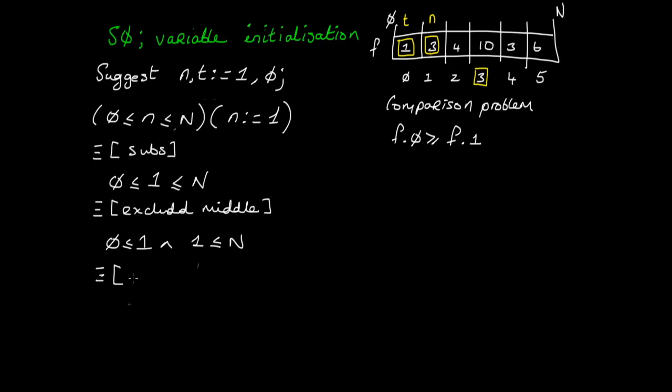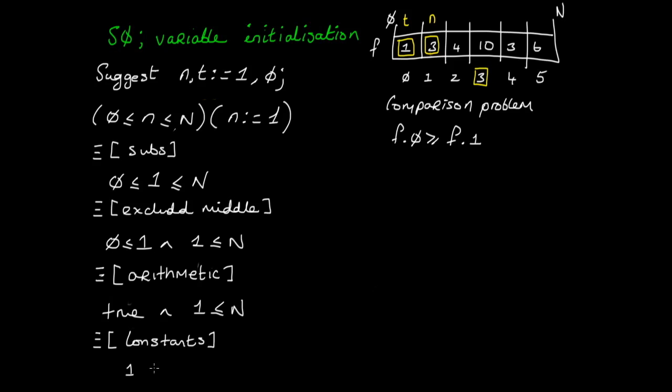Of course, 1 greater than or equal to 0, well, by arithmetic we know that that's true, so that will be true, and 1 less than or equal to n. Now this basically will all end up being true, because by the laws of constants, we'll end up with true and anything.